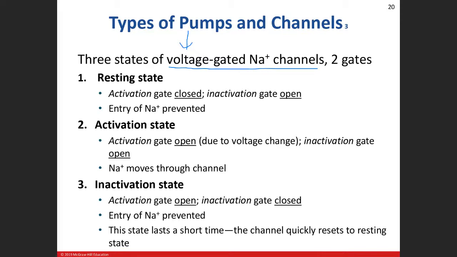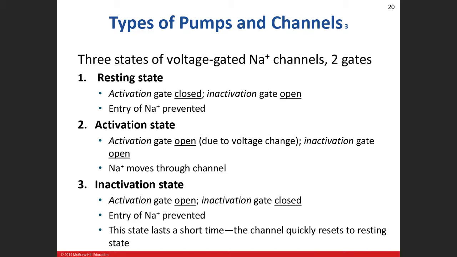And now, this is nice because it tells us what is going to move through the channel. If we're talking about a voltage-gated sodium channel, what that means is we need a change in the electrical charge, and the only thing that can move through this channel is sodium. So if we have a voltage-gated potassium channel, then only potassium can move through that channel.